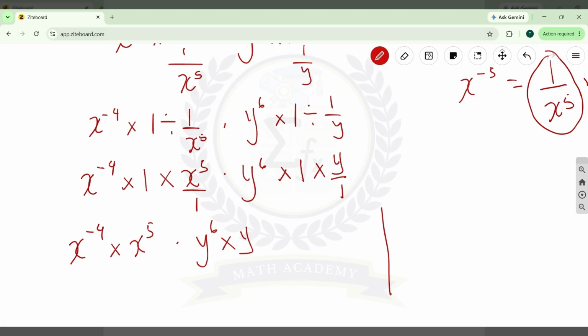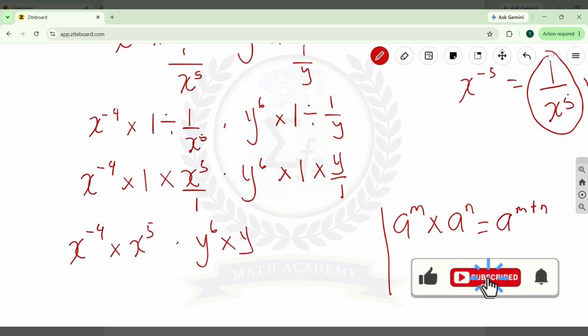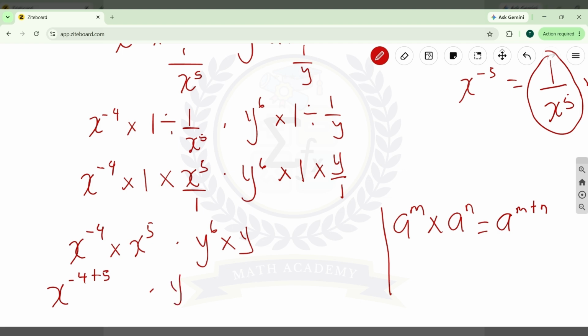Now recall the law of indices that says that a to the power of m multiplied by a to the power of n is equal to a to the power of m plus n. So this is the same law we're going to apply here. So this simply means x to the power of negative 4 plus 5 multiplied by y to the power of 6 plus 1.